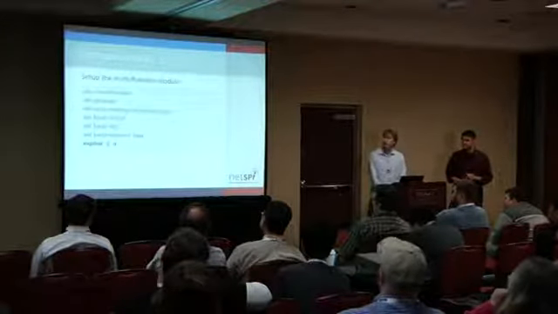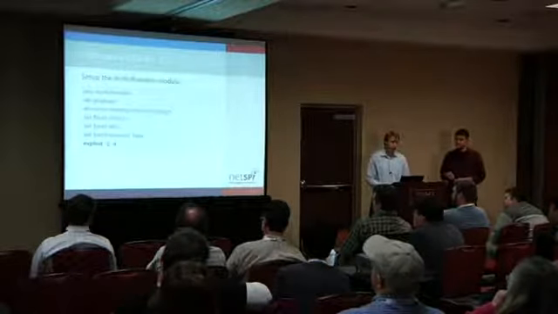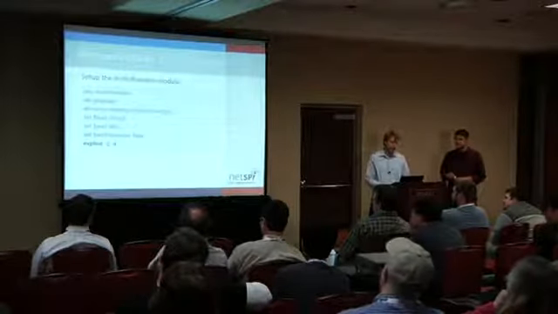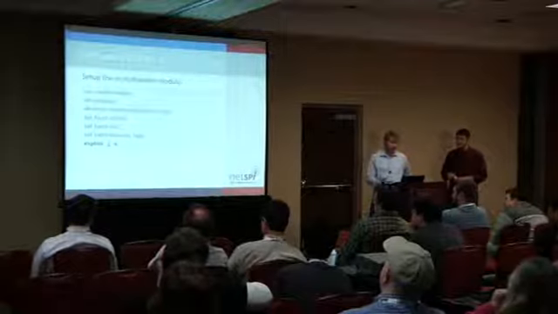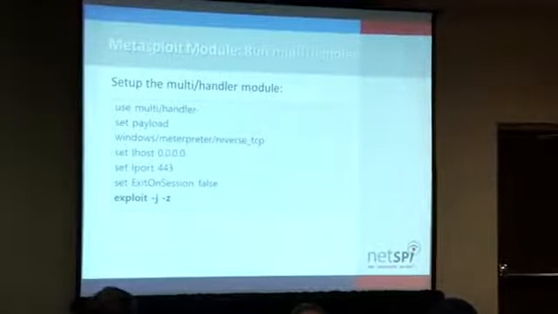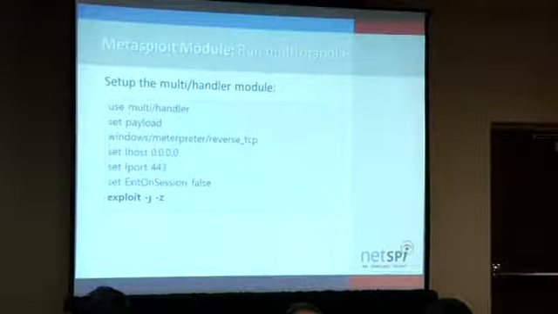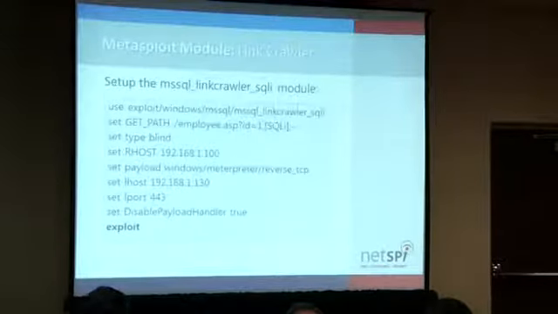How do you use this? If you want to get multiple shells back when you run it, you just start multi-handler in Metasploit, set the payload, set exit on session to false, so it can accept as many connections as you want, and start it in the background. You set up the module. A few important things about it: the GET path.